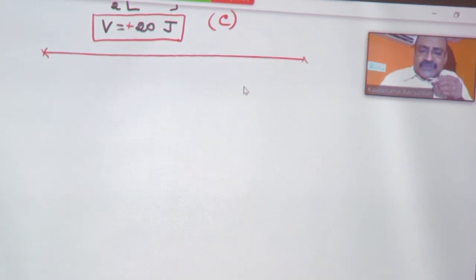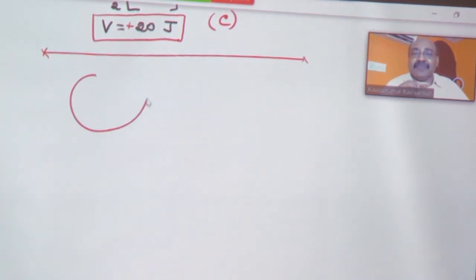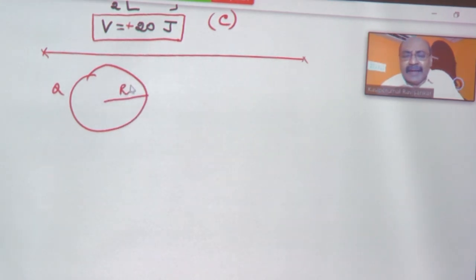for the electrostatic potential due to this spherical shell, we have already studied. When you are considering a thin conducting spherical shell, with charge q and radius r, what is asked is the correct plot for the electrostatic potential due to the spherical surface.